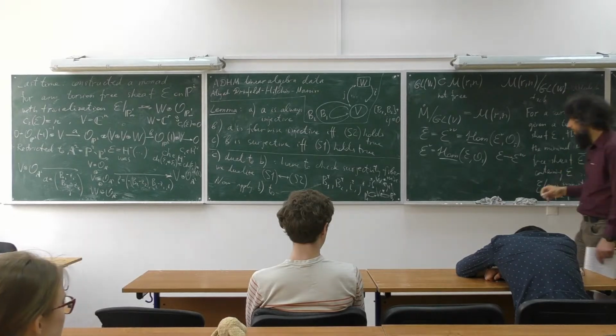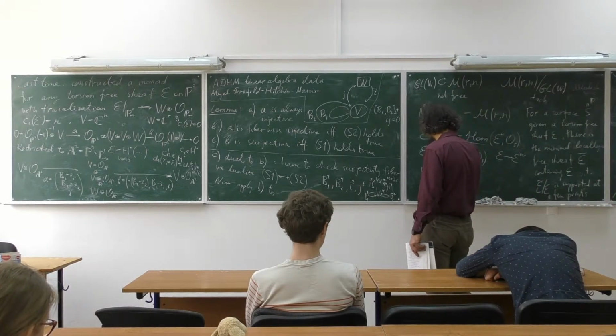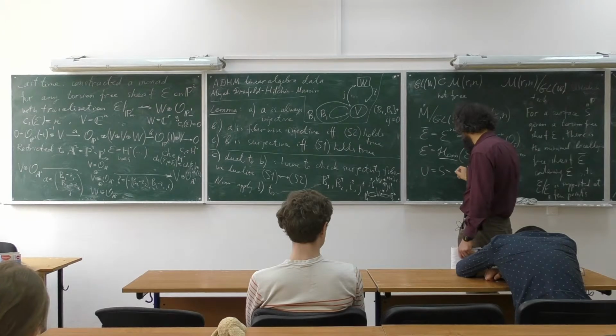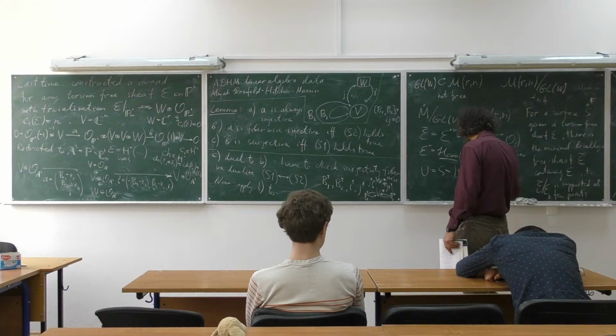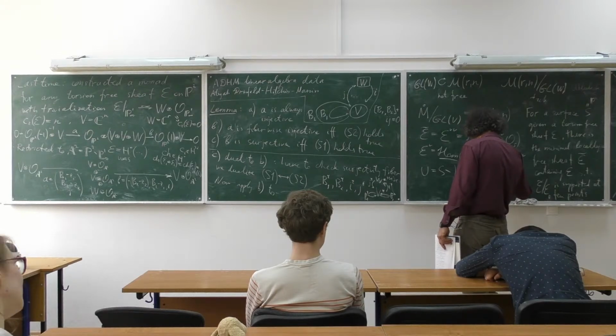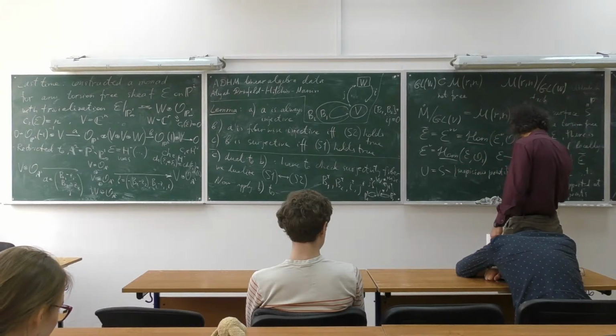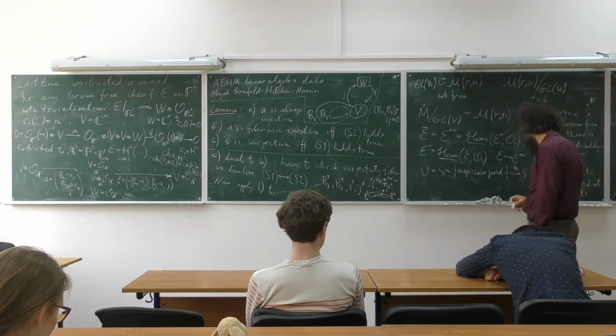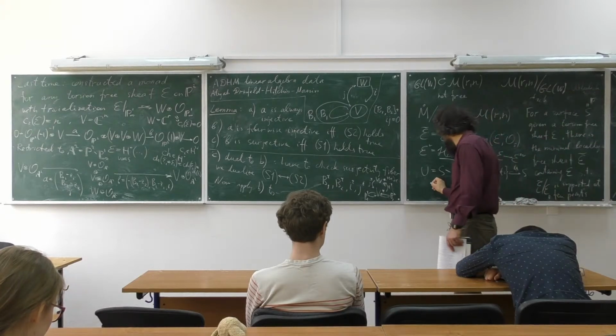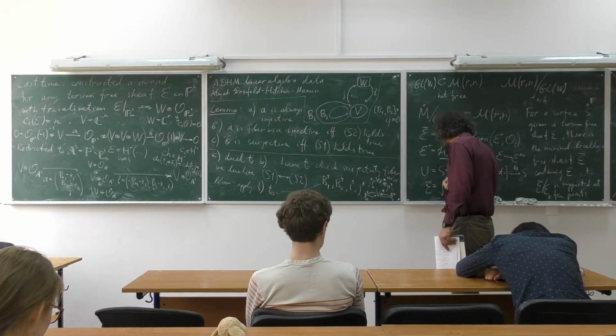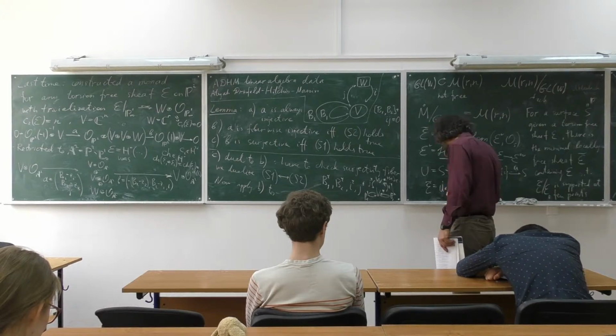So if you remove all of them, let's say those suspicious points, and it's embedded into S, say j from U into S, then this E tilde is just the push forward of E restricted to U.